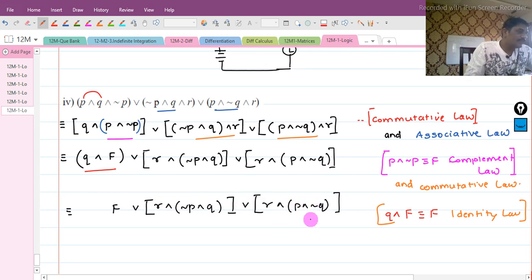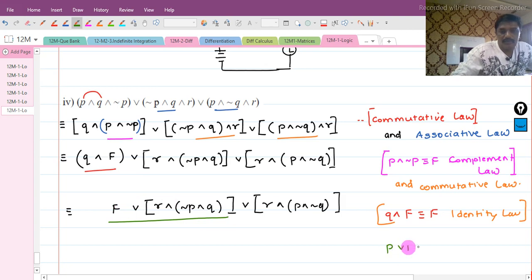Any doubt so far? Okay. Now tell me again, here I will use false or something, isn't it? P or false is actually P, and this is again the identity law. So I'll use it over here.